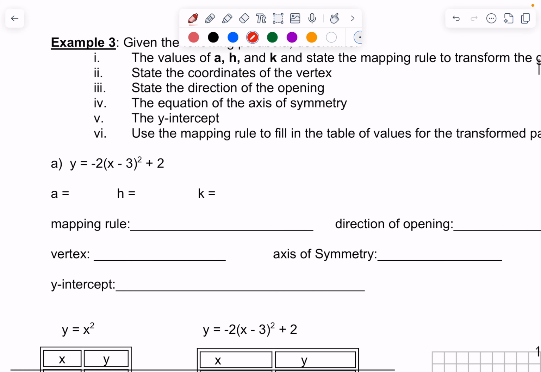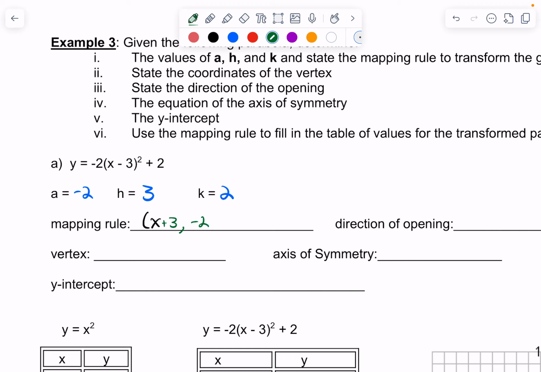So, a value, minus 2. H value, 3. Your k value, 2. So mapping rule, x plus 3, comma, and then you'd have negative 2. Oh, why am I writing in black?